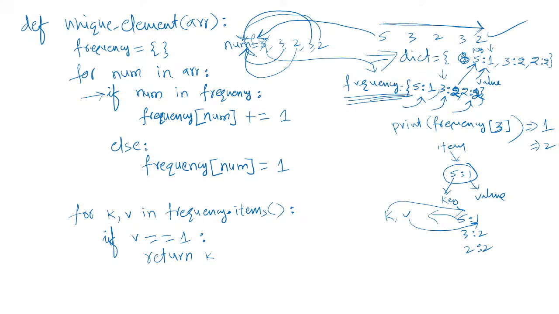You check if this num is already in the frequency dictionary or not. If num is in frequency, you increment its value: frequency of num plus equals 1. Otherwise, if it is not present, you create a new key called num and initialize it to 1. You store its frequency as 1. That's it.